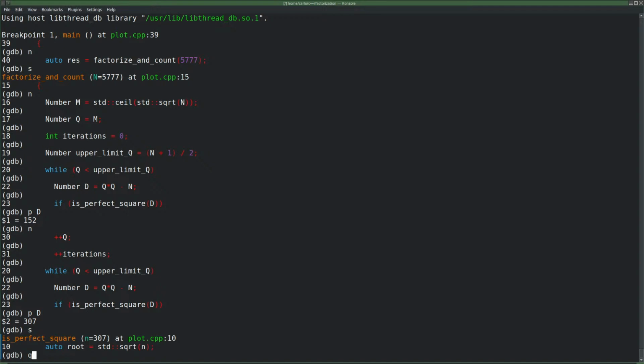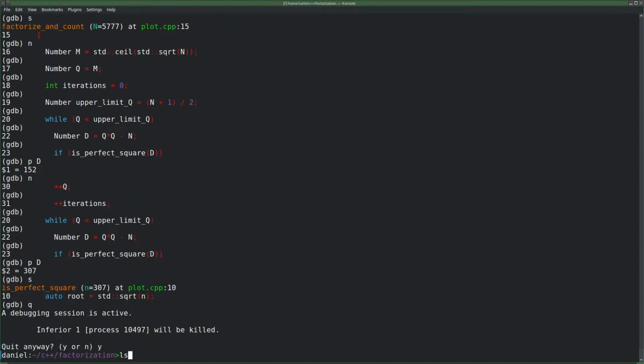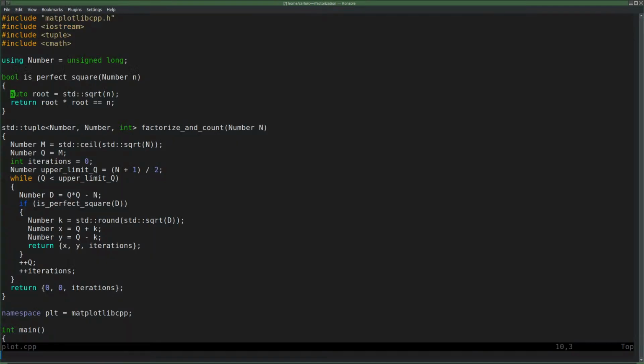Auto. Yeah, okay. Number. I'll even give it a round here again, just in case. That is impossible. Come on, you can calculate the square root of a double or whatever.